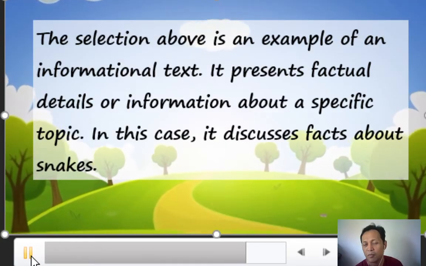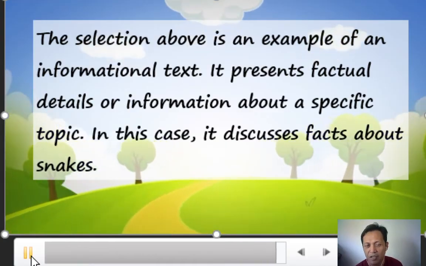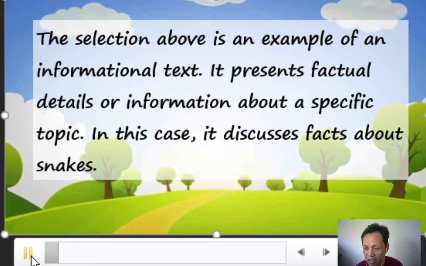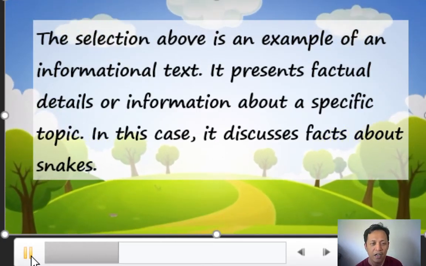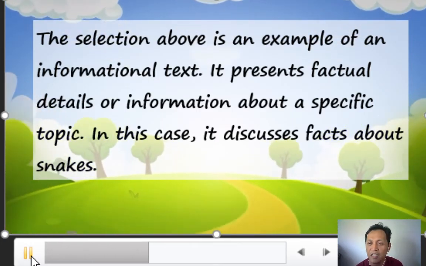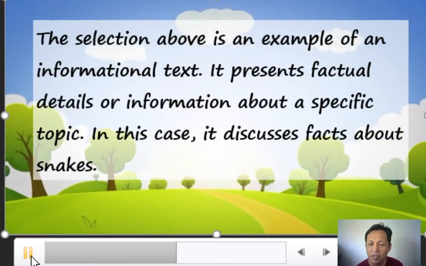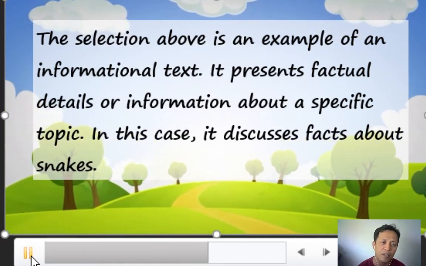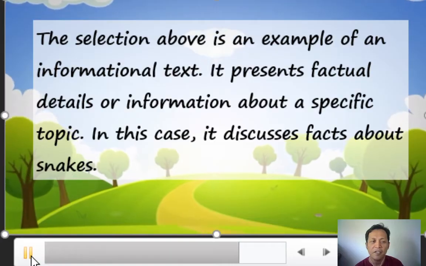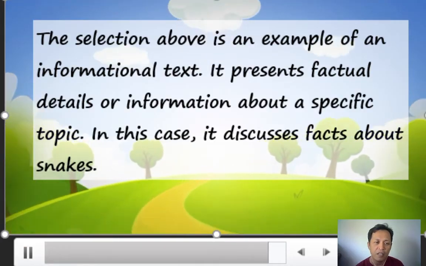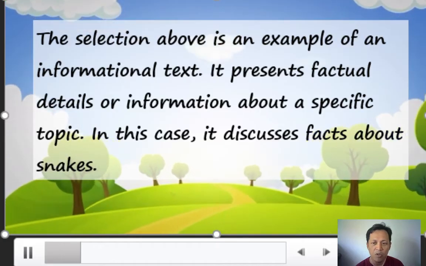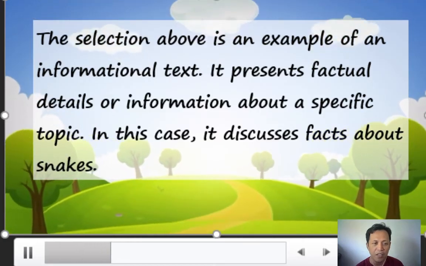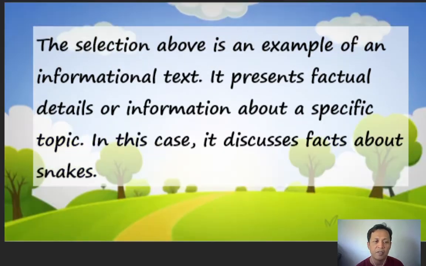What kind of animal the snakes are, what are their characteristics, what do they eat, and it also gives us information about their venom. Okay, so that is an informational text. Now let us continue so that we can have more detailed knowledge about informational text.